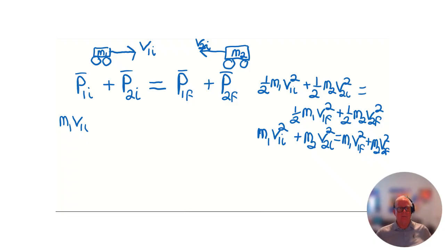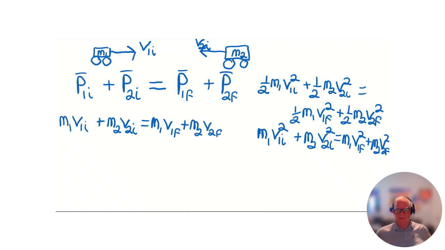Plus m2 times v2 initial equals, well, the momentum must not change because there's no outside forces taking momentum away from our system or adding to it. So it must be m1 times v1 final plus m2 times v2 final.